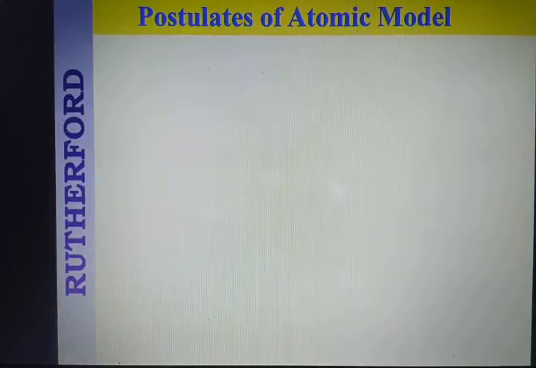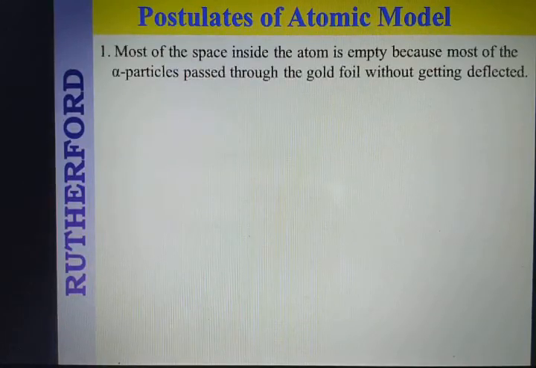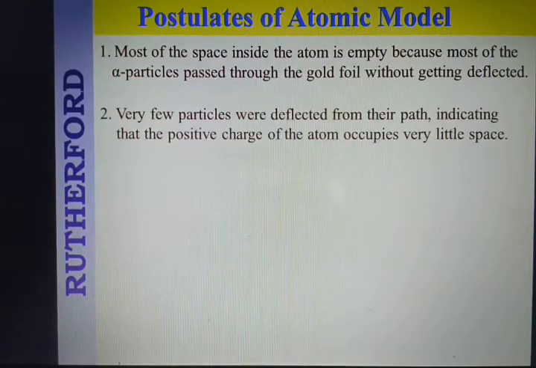The postulates of Rutherford's atomic model: the first is that most of the space inside an atom is empty, because the alpha particles passed through the gold foil without getting deflected. The next is that very few particles were deflected, indicating a positive charge occupying very little space.